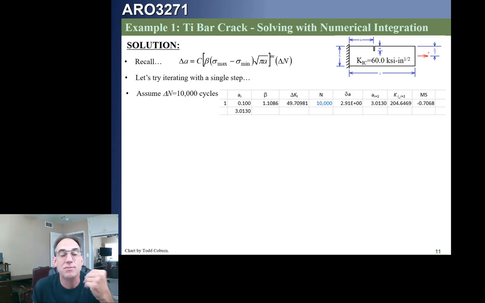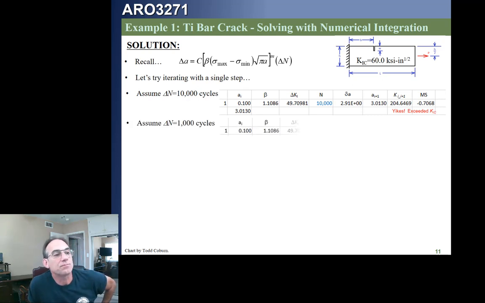That would have a huge amount of error associated with it, and one evaluation of 10,000 cycles jumped over our K1C. We would be applying this until our K1 is equal to K1C.